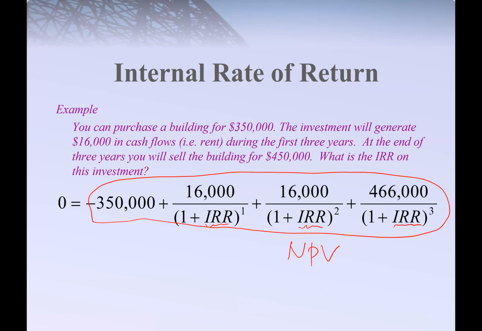So the internal rate of return is the value of R that makes the net present value equal to 0. Okay. So when we actually solve this problem, the internal rate of return of this project is 12.96%, which means that if you're a company investing in this project, over the 3 years, annually the company will make a 12.96% return. Okay.